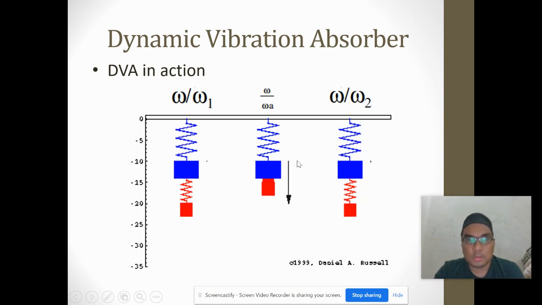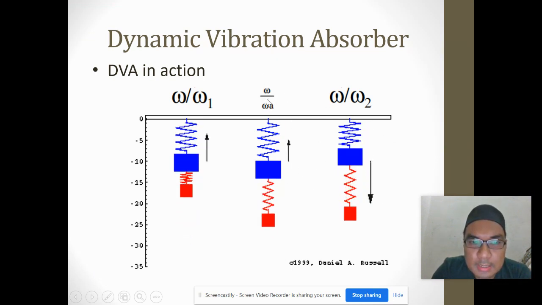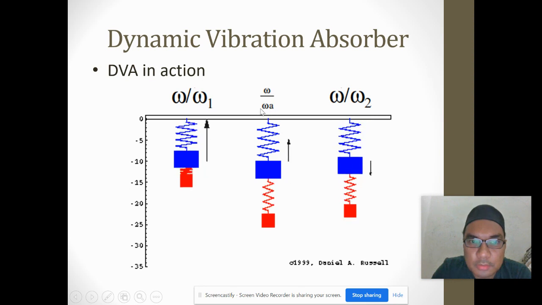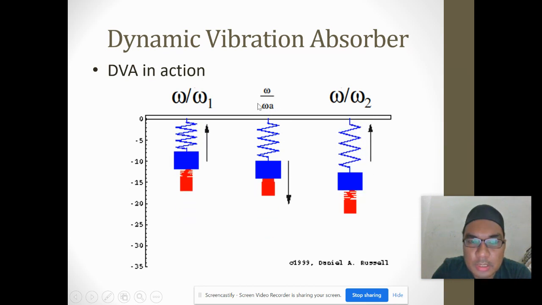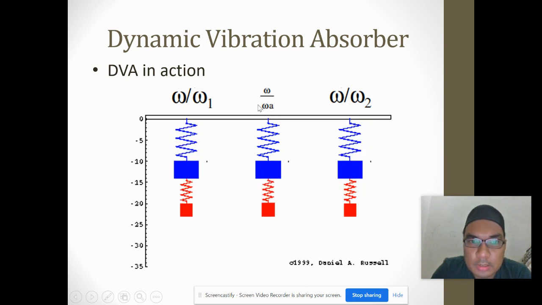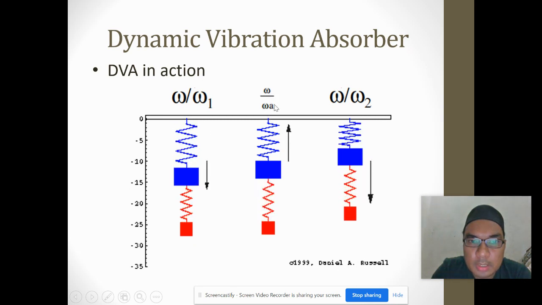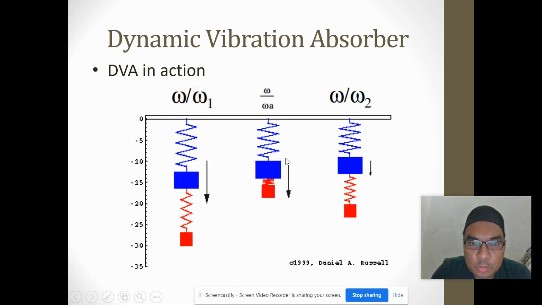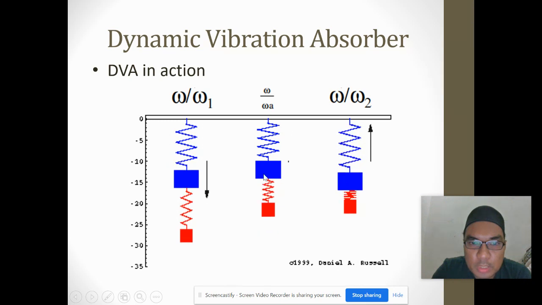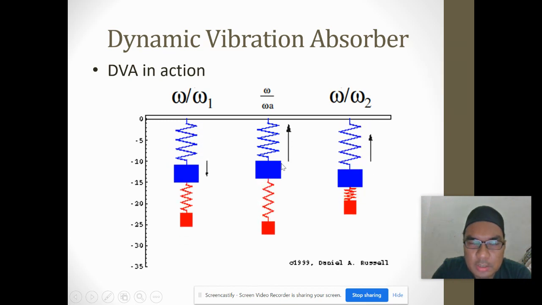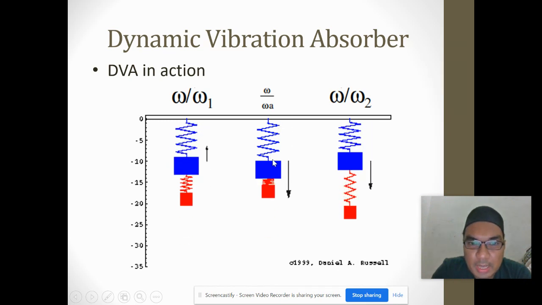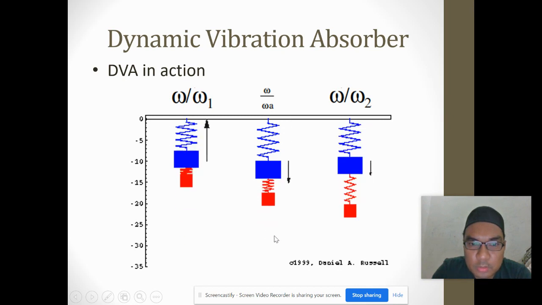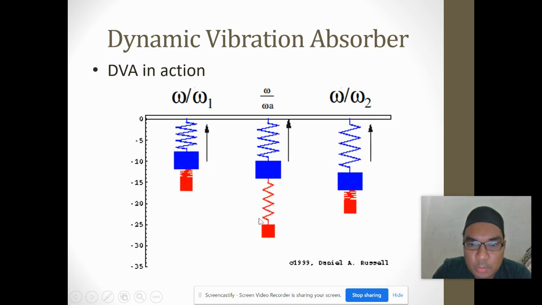You have already designed your natural frequency, the operating frequency is equal to the DVA natural frequency, omega equals omega A. So you see that the primary system in the blue color becomes 0. There is no vibration, and the vibration is all transferred to the DVA system, the red one.